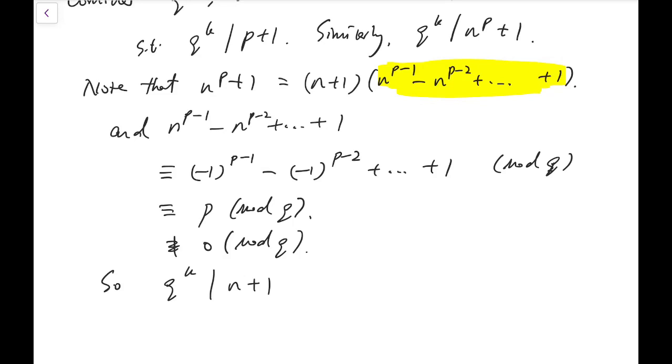Now, the miraculous thing is that when I assume that q to the k divides p plus 1, I have q to the k dividing n plus 1. And this q is arbitrary. So in fact, I'm looking at all the prime power factors of p plus 1, and they would also divide n plus 1.